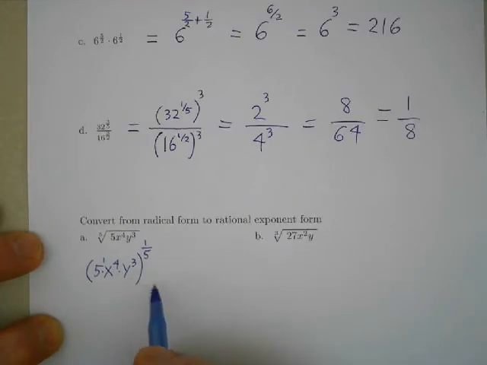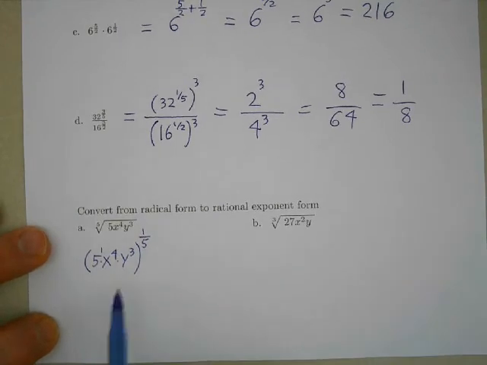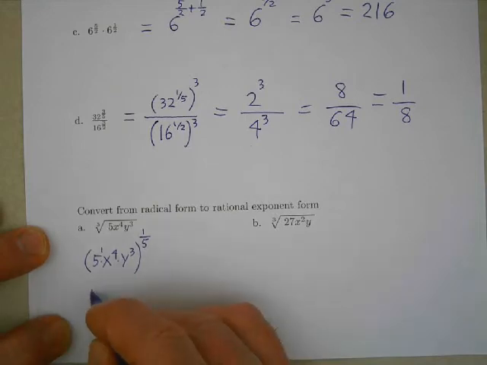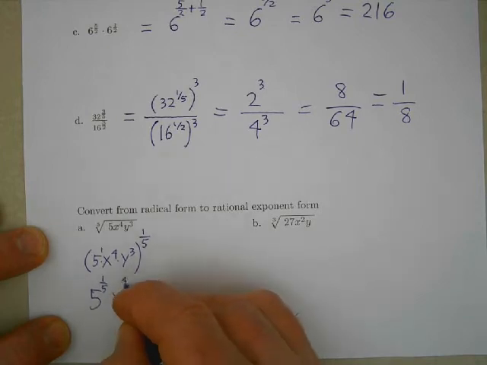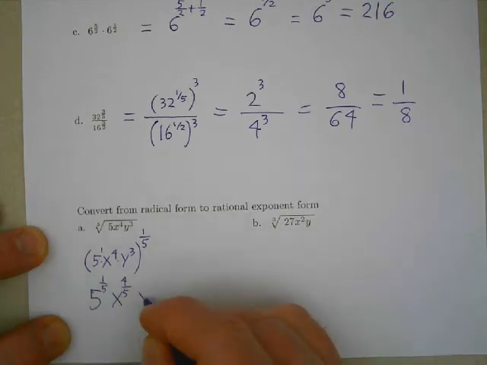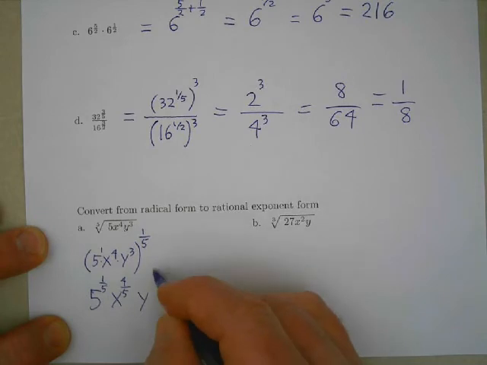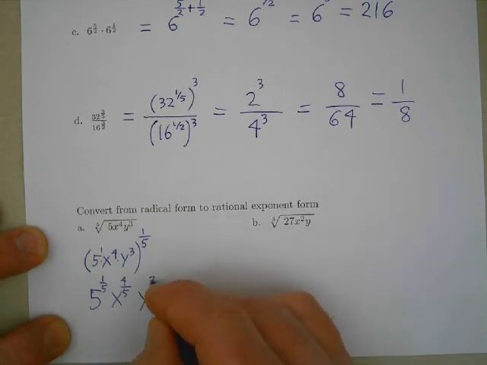But in this case, it might be useful to remember that, because when we apply one of the properties of exponents, we're going to multiply the outer exponent 1/5 times each of those exponents, and we can write this as 5 to the 1/5 power times x to the 4/5, because 1/5 times 4 is 4/5, and then times y to the 3/5, because 1/5 times 3 is 3/5.